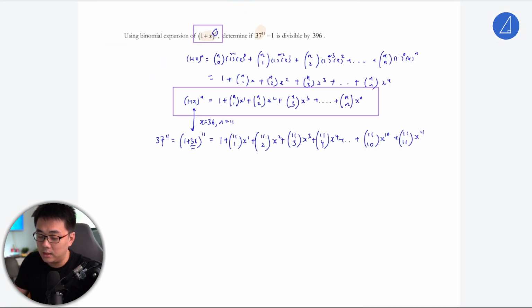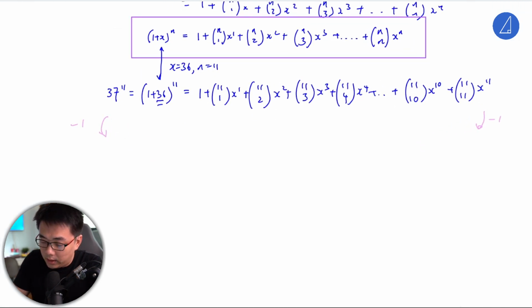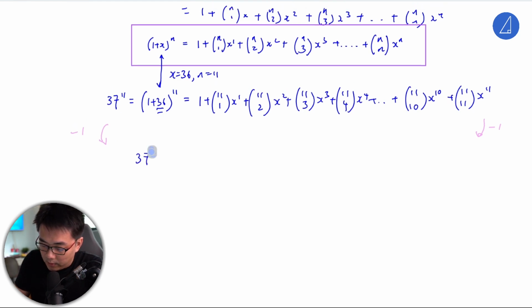Great, so this is what we got. Now once this is done, what we need is essentially 37^11 minus 1. So this 1 here we bring over, or we minus 1 on both sides. It works as well. So minus 1 on both sides. Slowly now, this is 37^11 minus 1.